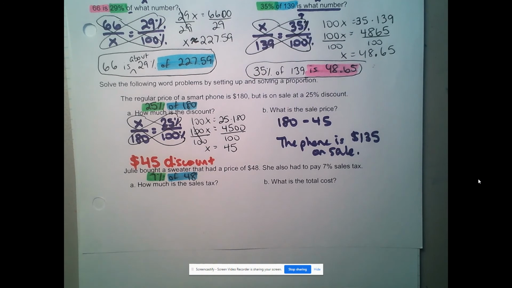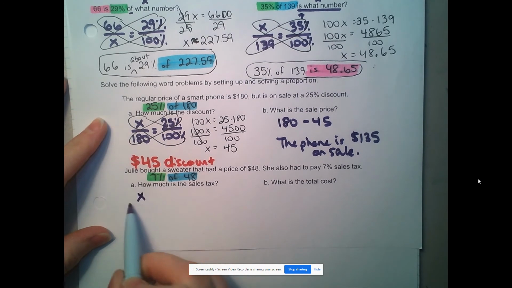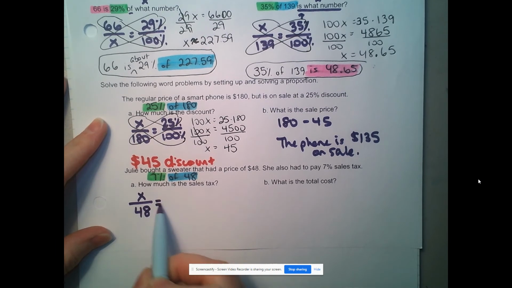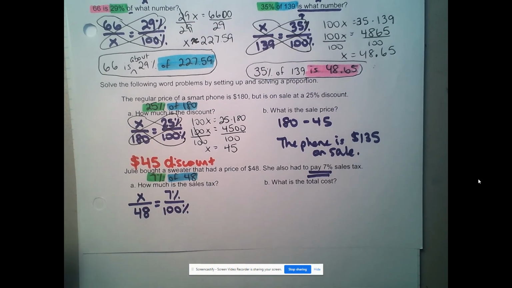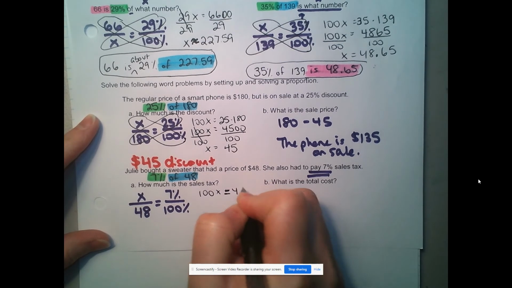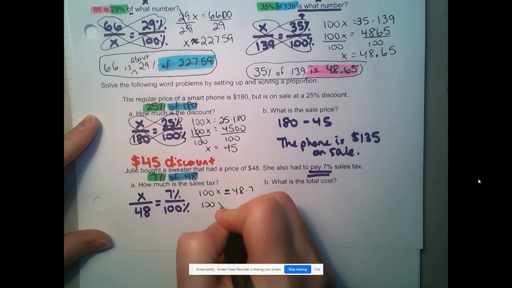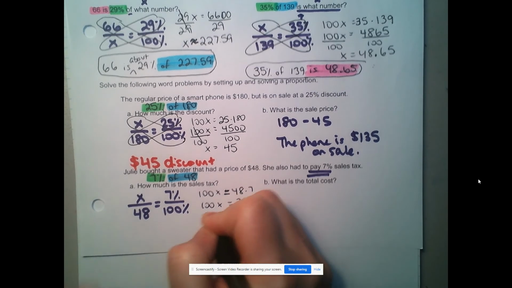So this one's really going to be set up the same, even though it means something a little different. We're trying to find the part of the $48 that they're going to take off, not taking off, adding on, right? Because we have to pay 7% sales tax. So we're going to pay an extra 7%. Well, how much is 7% of 48? So we would cross multiply 100 times X has to equal the 48 times 7. So 48 times 7 is 336.